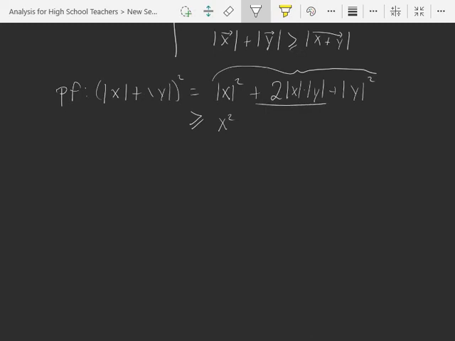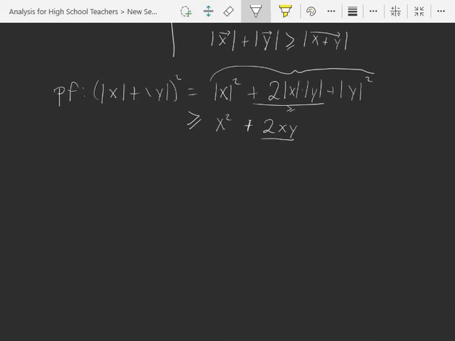So I'm adding something up here. If I take away those absolute values, I get something possibly bigger than or equal to 2xy, right? This term here could be positive or negative. We don't know. Up here we added, here we could add, so I would have equality, or I could have subtracted, so I'd get the inequality, and then I have the y squared there, which is exactly the same.